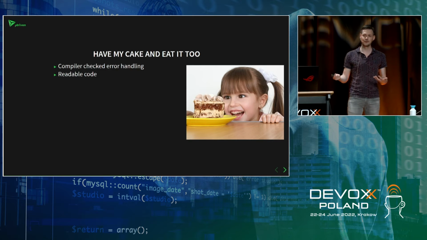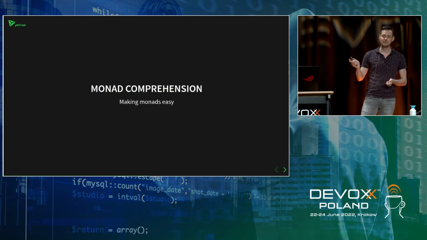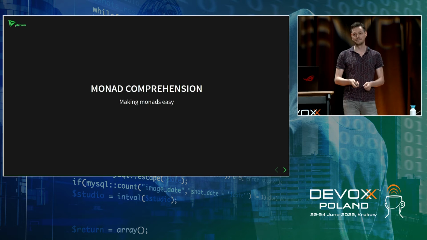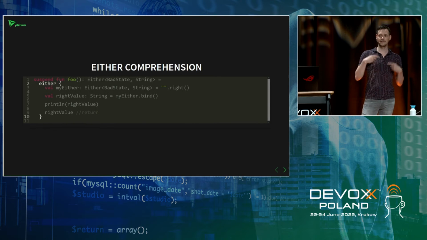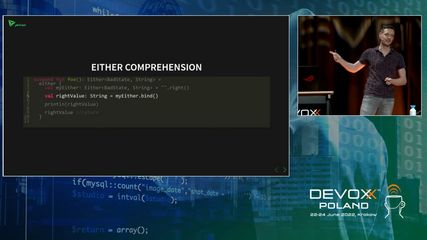So could Arrow solve this for us? Of course it can. We have monad comprehensions. And monad comprehensions basically make working with monads easy. For that, all we have to do is add this either block. And then within that block, the moment we have an either there, we can now call a new method on it, .bind.